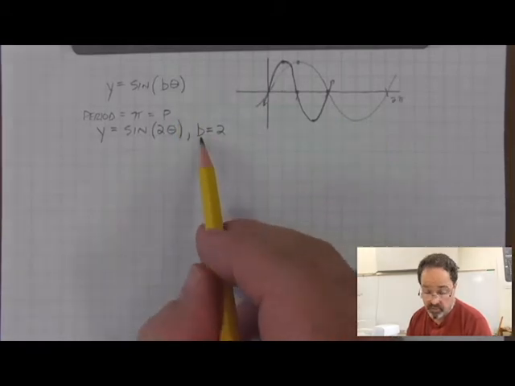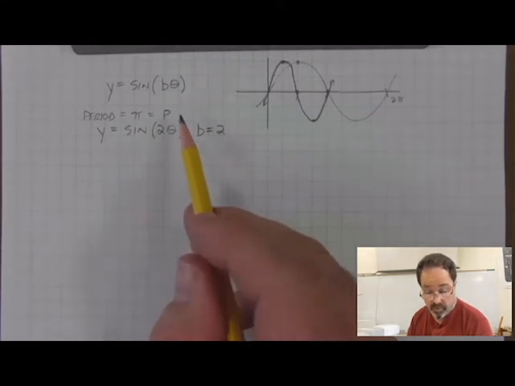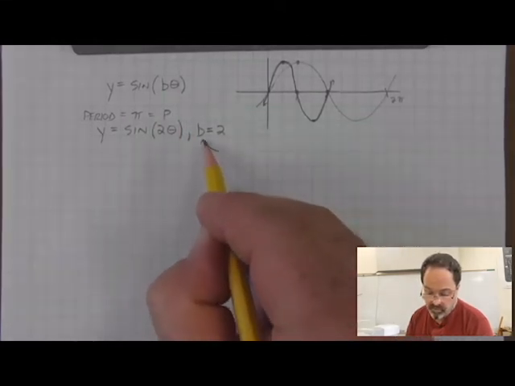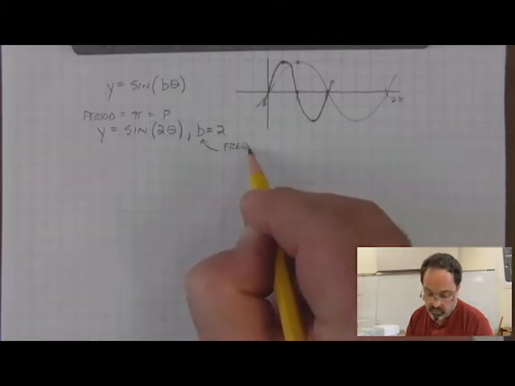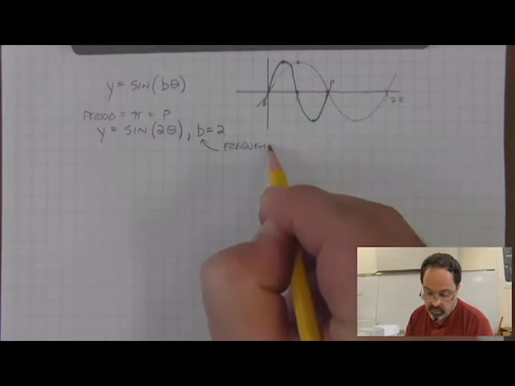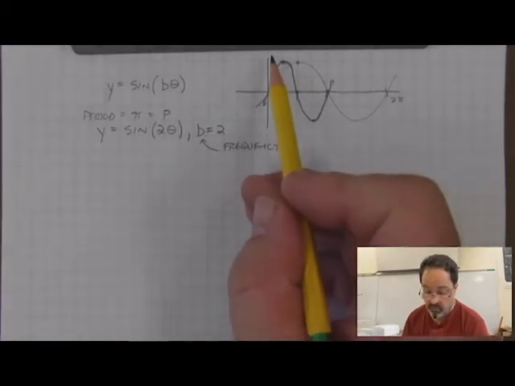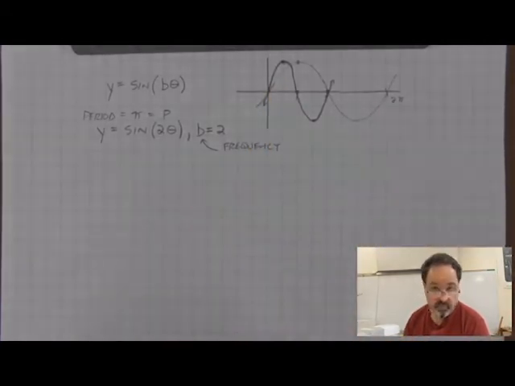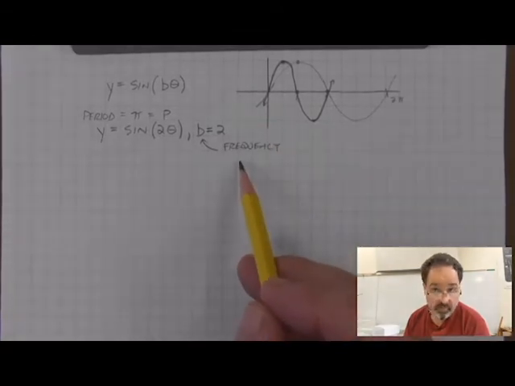There's a general relationship between b and P, but they're not the same. B is called the frequency. And because we're working with functions of angle measures, sometimes we call this the angular frequency.